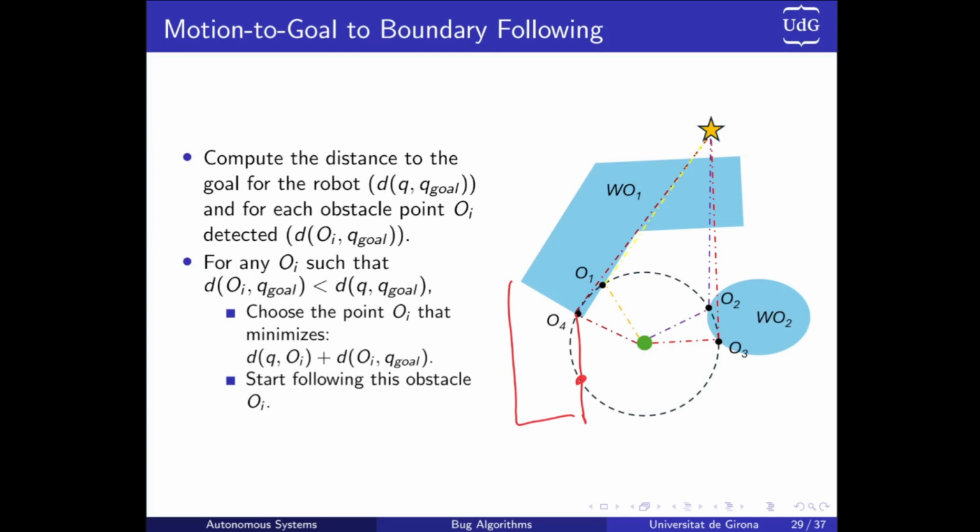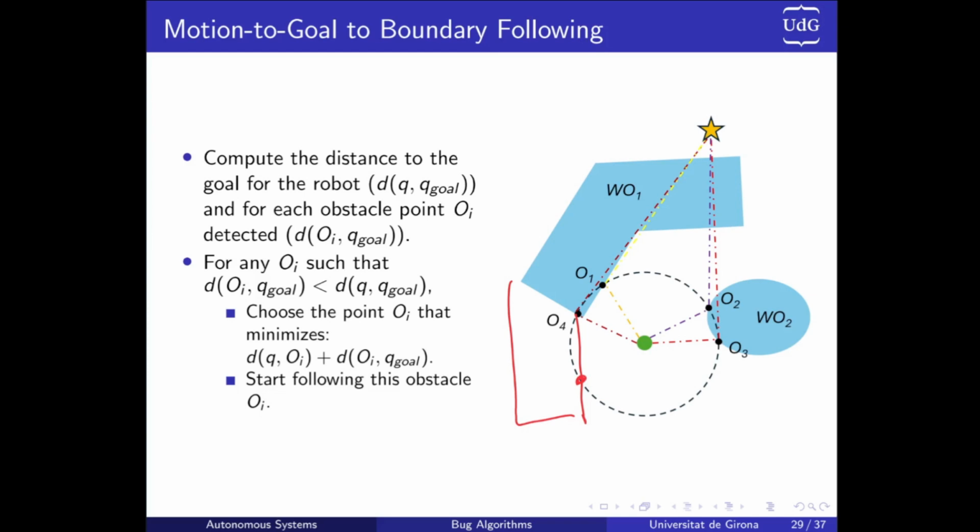But for all the rest, the ones that are closer than the robot, the one that we will choose is the point for which the distance from the robot to this point plus this point to the goal is the smaller. Then this plus this is smaller than this plus this.